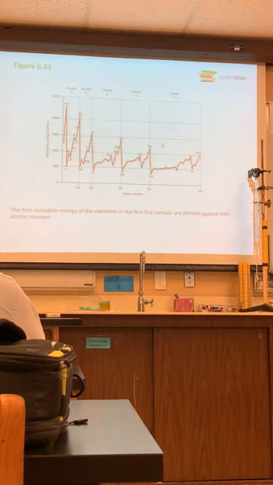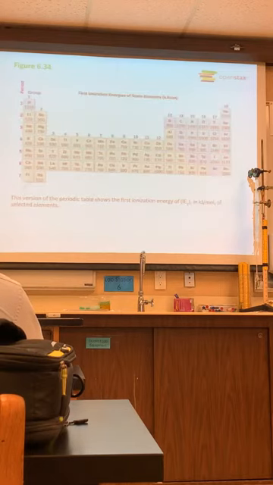Okay? So we get sort of the opposite pattern, and again, we get some of these smaller deviations, and again, that mostly has to do with electrons that are in different sublevels. S and D and F have a little bit different average distance from the nucleus.